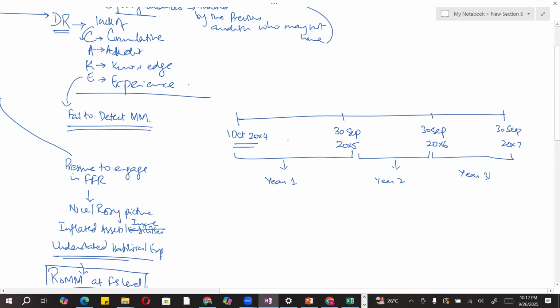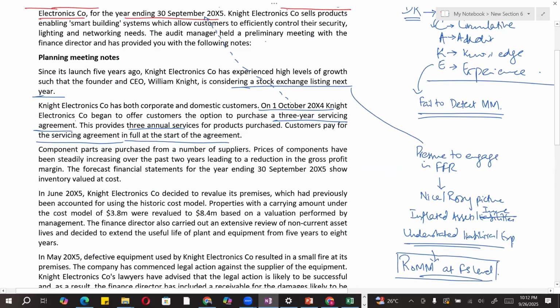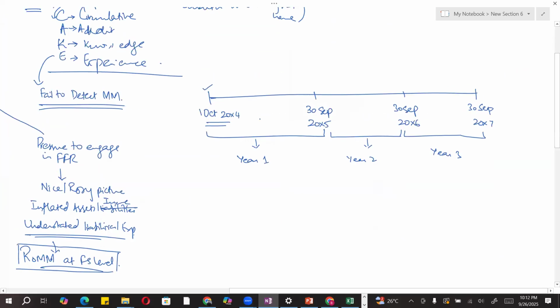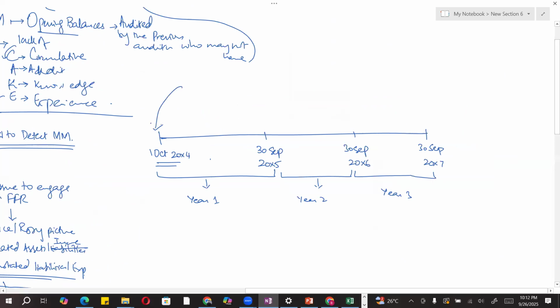Now, payments. When do customers make payment? If a contract has been entered on 1st October, customers would make an advance payment today. Say a $100,000 payment is made today, but services have to be rendered over the course of the next 3 years.